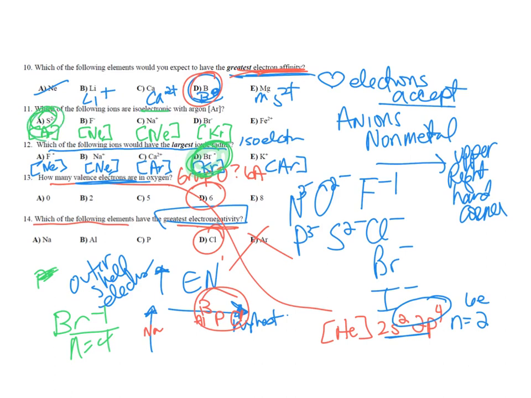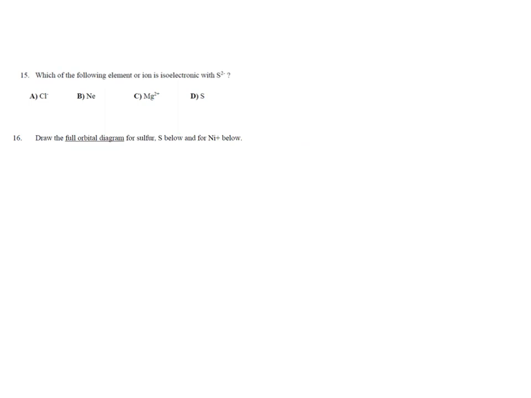You could draw out the electron configurations for each one of these, and the ones that have the same as argon, the long one for argon, is 1s2, 2s2, 2p6, 3s2, 3p6. And that would be the full electron configuration for S2 minus. Which of the following element ions is isoelectronic with sulfur 2 minus? Like I said, that's 1s2, 2s2, 2p6, 3s2, and then 3p.